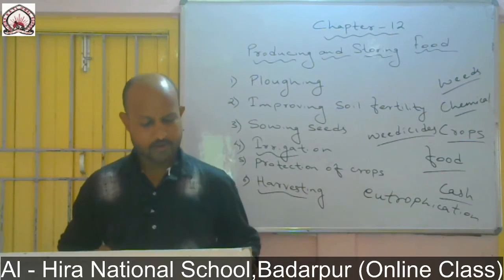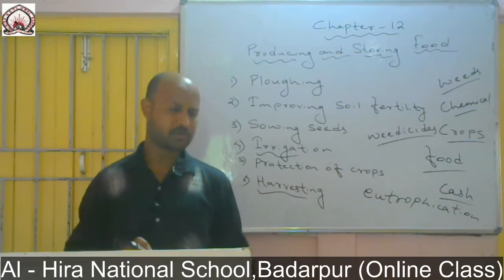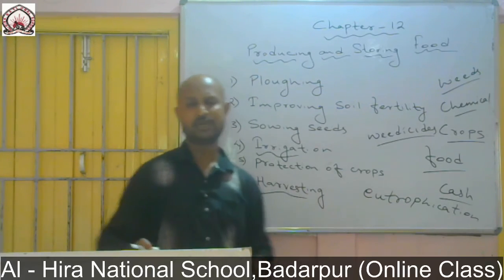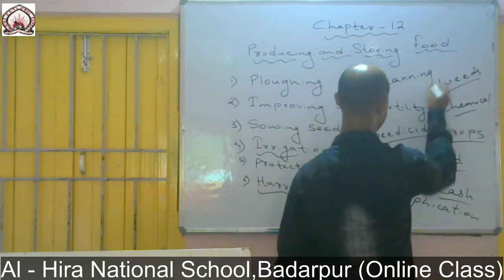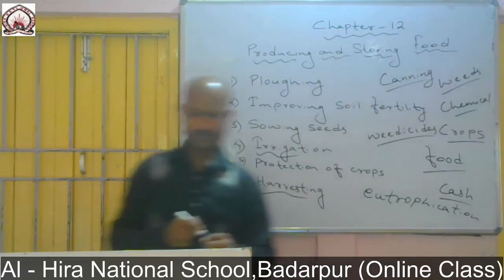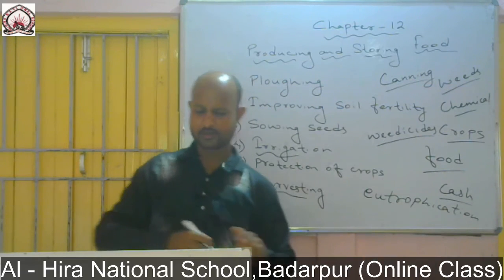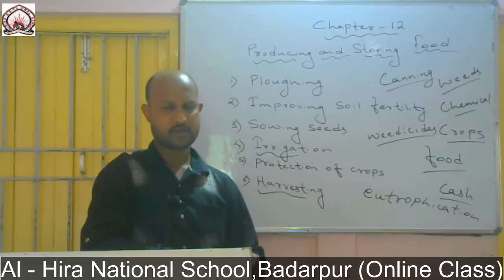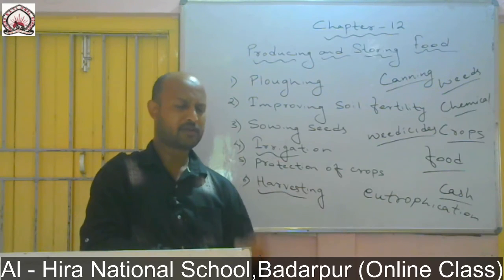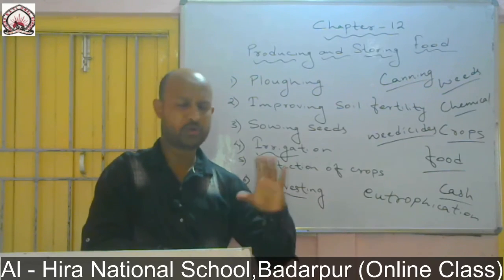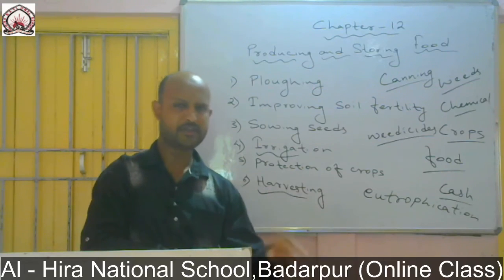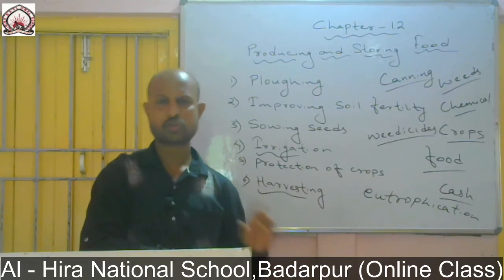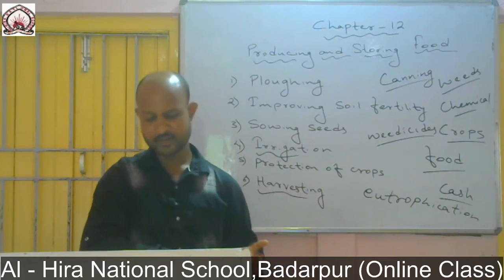Okay, and the last process of storing some of the foods is by canning. This canning is a process of storing food. In this process, food is first heated to kill the microorganisms present in the food. Then it is packed in airtight cans or bottles so that the microorganisms cannot enter it from the air.